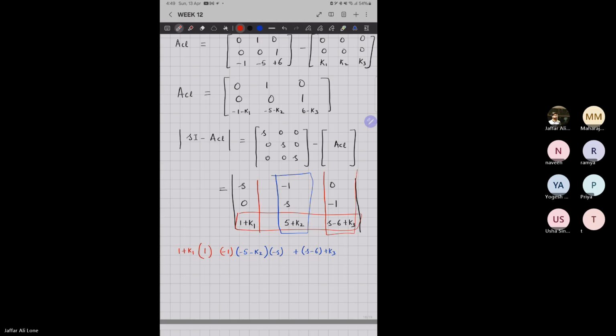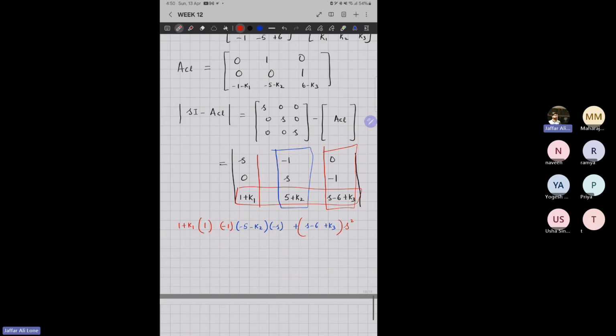Again, you'll multiply these two. It will be S square into S square. So if I solve it, I get K1 plus 1, plus S into minus 5 minus K2, plus S square into S minus 6 plus K3.